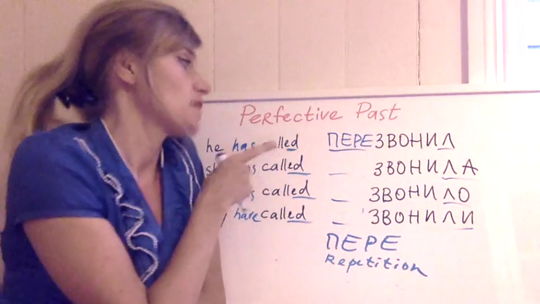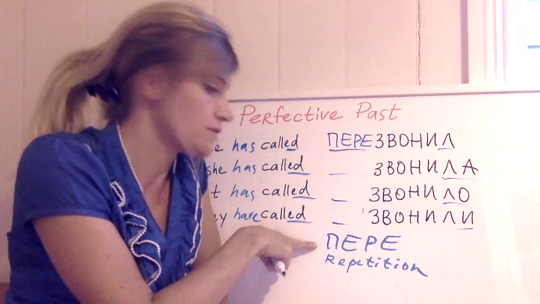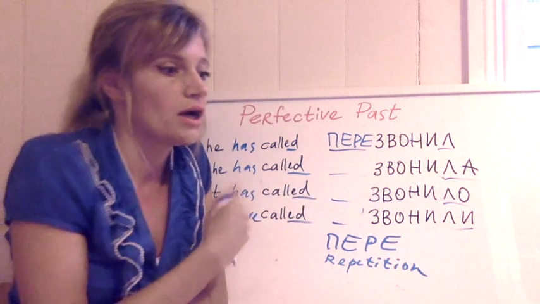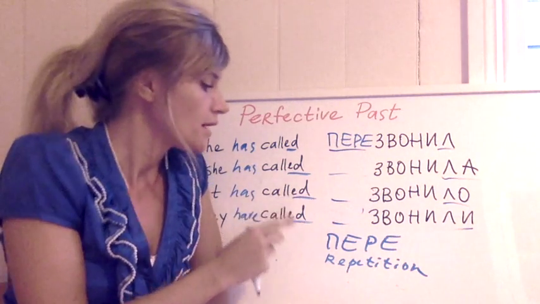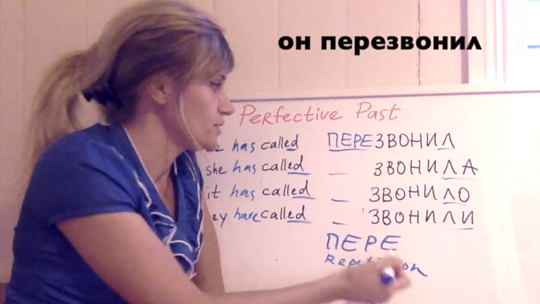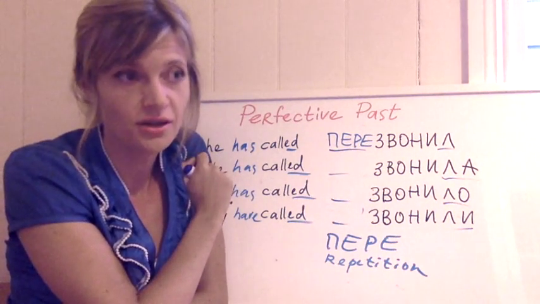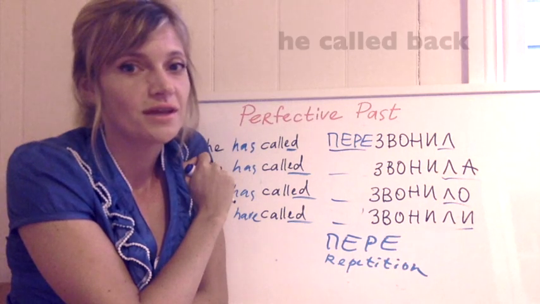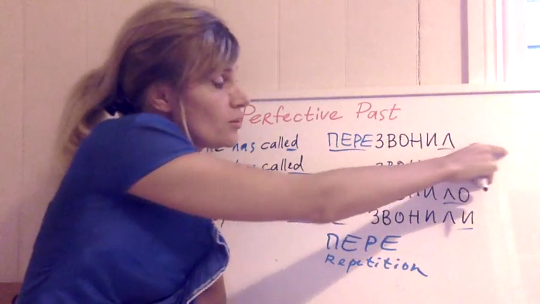It's not the first time that he called. Пере also means across if it's a movement verb like swim, go, run. But in this case, with a normal verb, пере means repetition. So if somebody told you он перезвонил, it means he called again, without actually saying the word again.